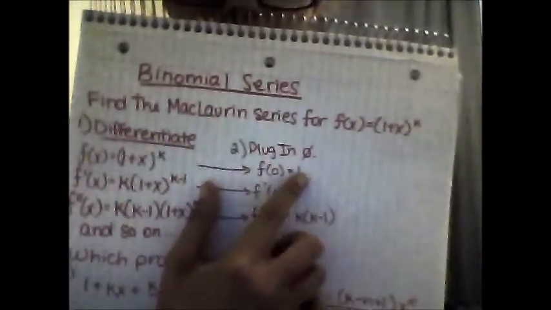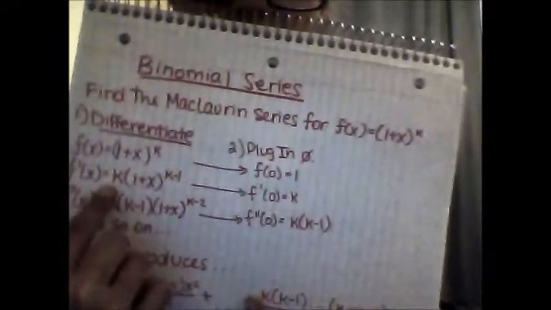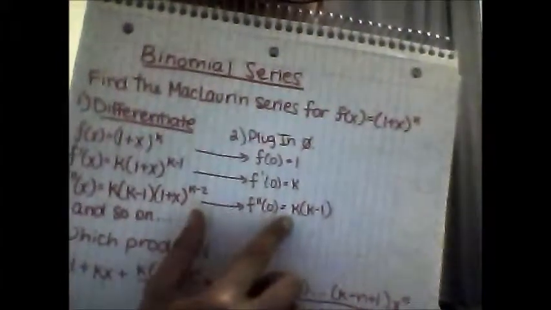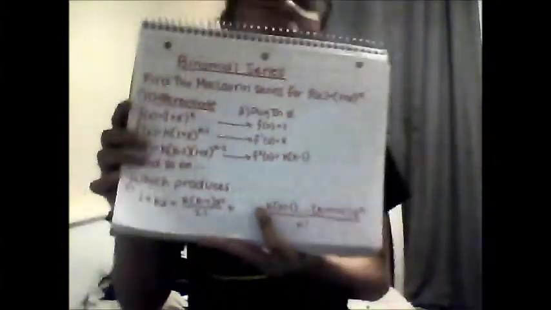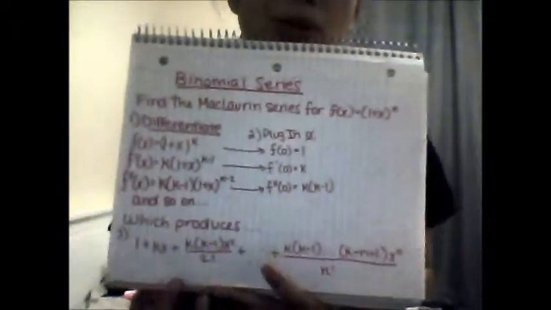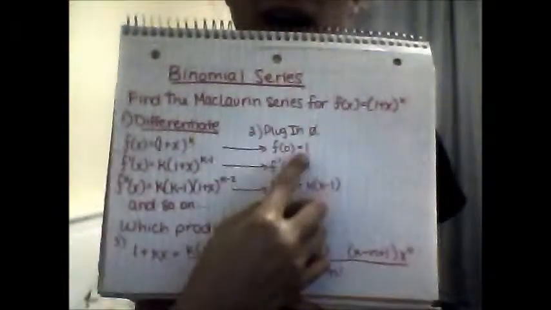So for f of 0, we get 1. When we plug in 0 for f prime, we get k. For f double prime, we get k times k minus 1. And so in our answer, we're going to do pretty much what we've been doing, like I said we were going to do. And so we have our answers here.